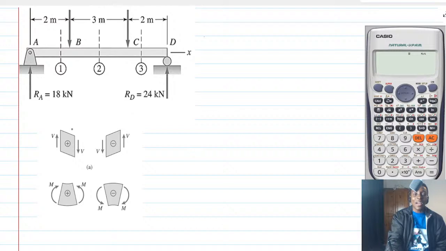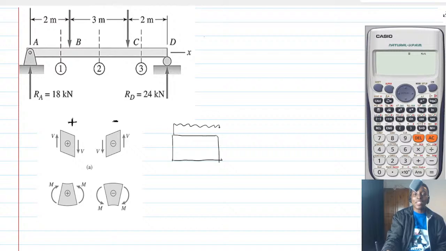So you can either memorize the positive convention or the negative convention, right? So if you want to memorize the positive convention, you can take it. If you want to look at the negative convention, you can also take that one. But I always advise my students that please memorize the positive convention, because that is mostly the standard. So whenever you have a section, so this is what it means.